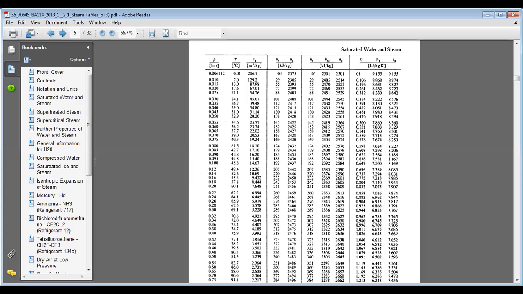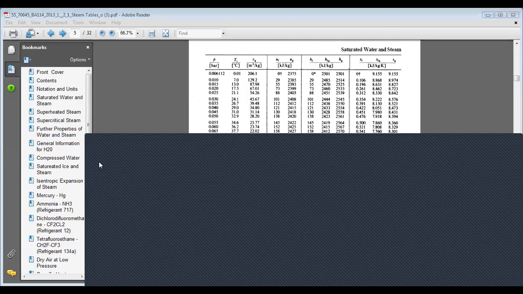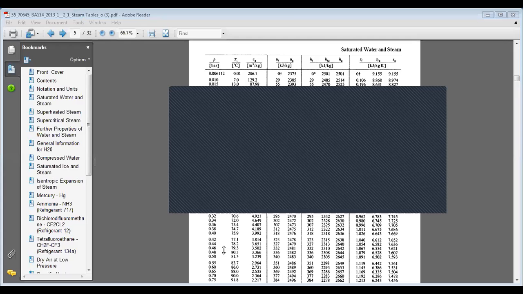See, 0.1 bar is here. Okay, pressure 0.1 bar. I take it. Pressure 0.1 bar.